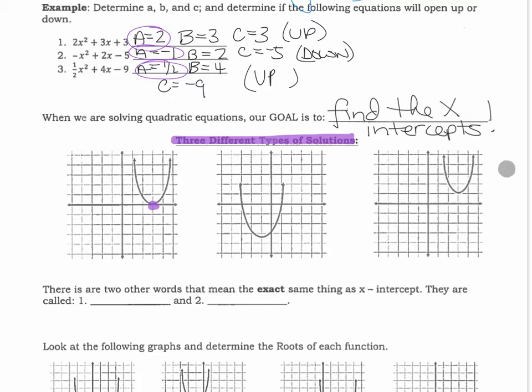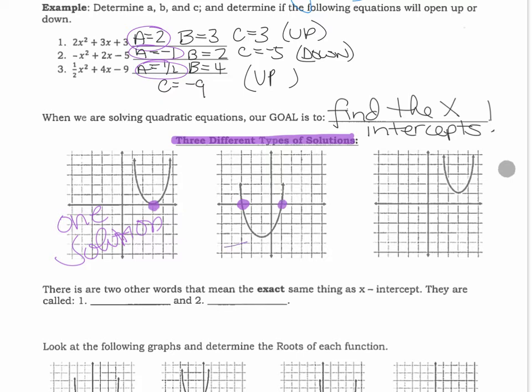First example, my x-intercept is right here. I have 1 solution. I have 1 x-intercept. Look at the next one. Where are your x-intercepts? How many times does this parabola touch your x-axis? Well, it touches here, and it touches here.